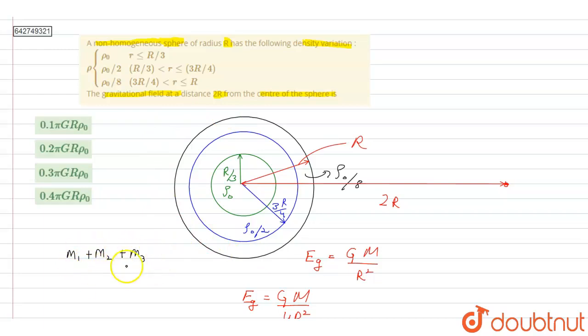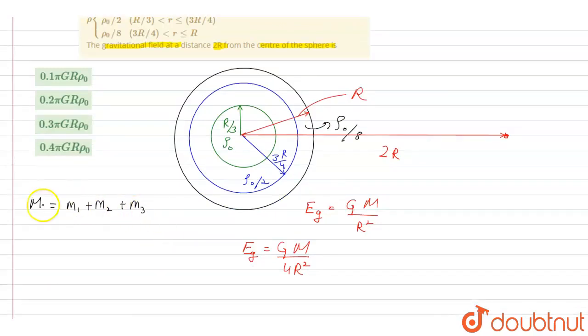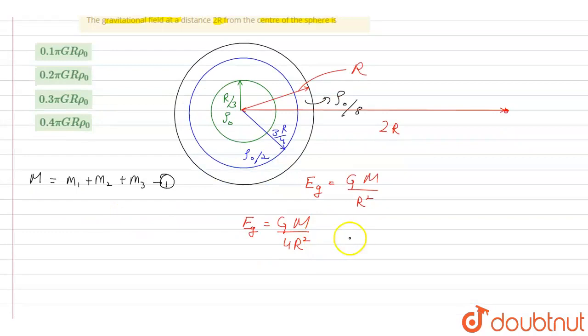The sum of these three masses will be equal to the total mass of the non-homogeneous sphere. So the equation for mass is M equals m1 plus m2 plus m3. This is equation 1, and let's say this is equation 2.